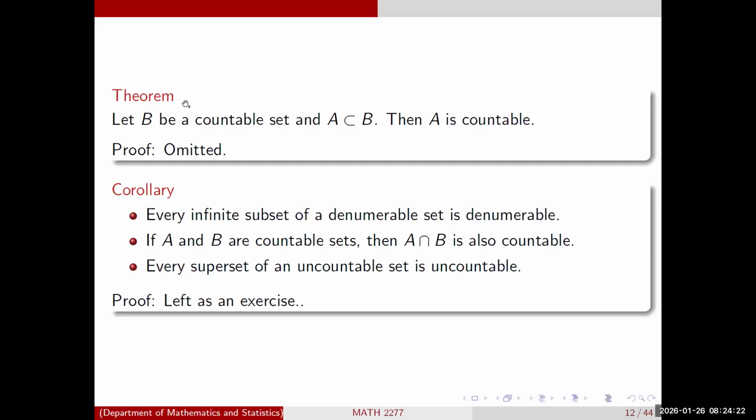And if we take the contrapositive of this theorem, we get this last one here, which is every superset of an uncountable set is uncountable. So if you have an uncountable set and you take a bigger set that contains it, that set is also uncountable. The proof is left for you to look at.